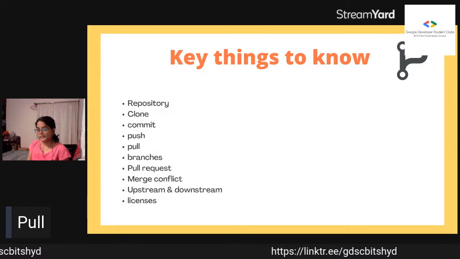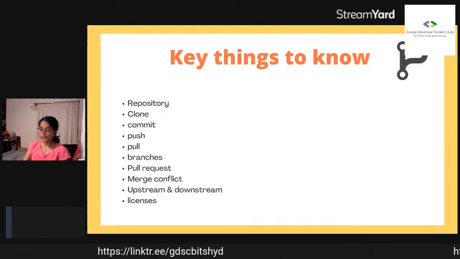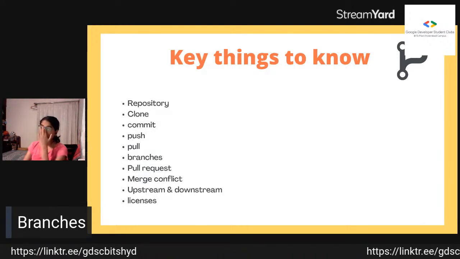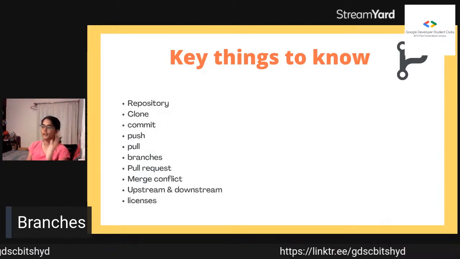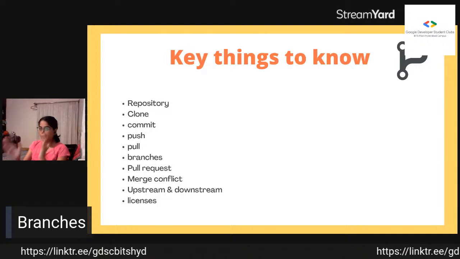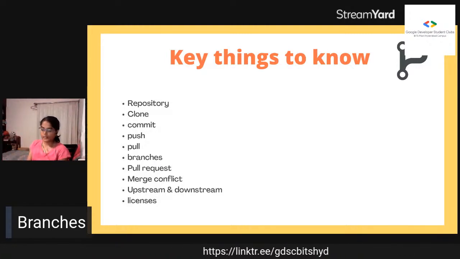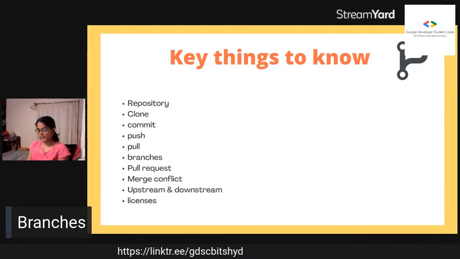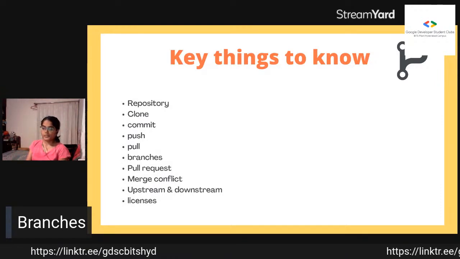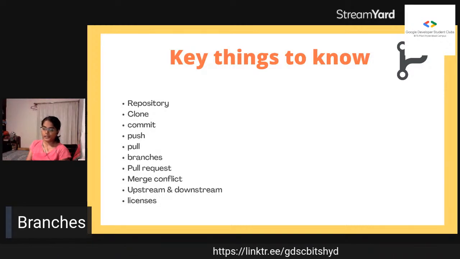Now coming to the next thing, what are branches? So you have a current state of your repository, and you don't want to disturb this right now. This is your main code, and anything you do to it might break it. Is it really wise to mess with it at this point? So Git has a feature where you can make branches.